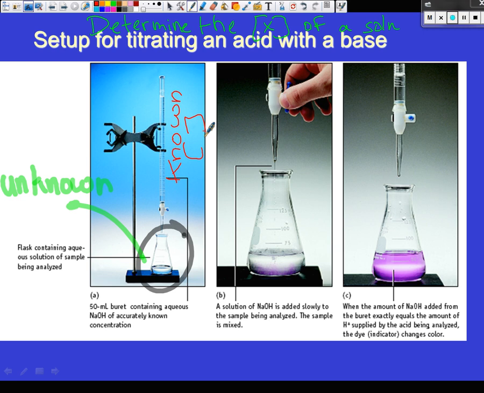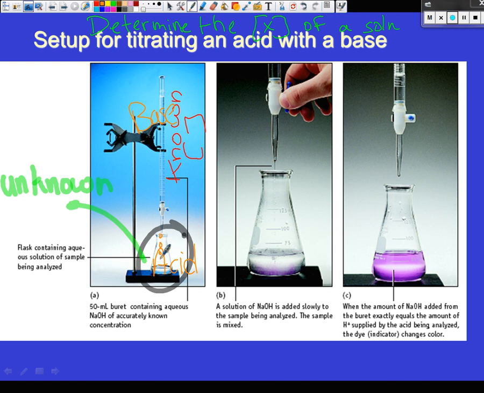So let's pretend that we are dropping a base into an acid. You're dropping a base into an acid. You with me? Okay. So we're going to go drippy, drippy, drippy.